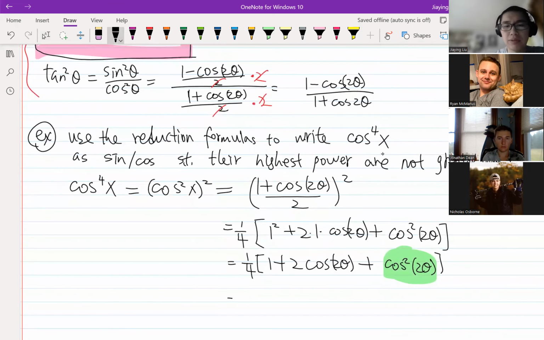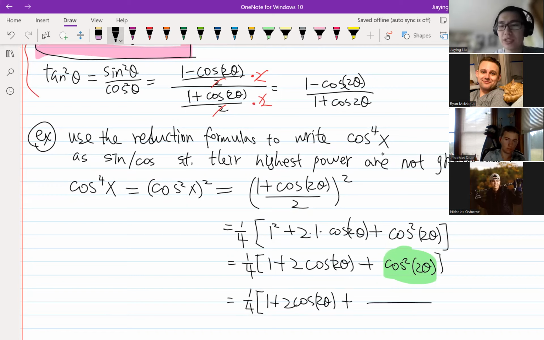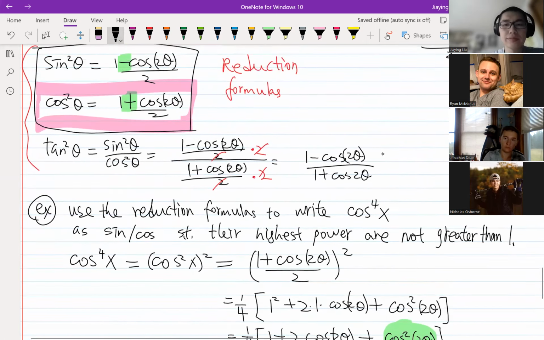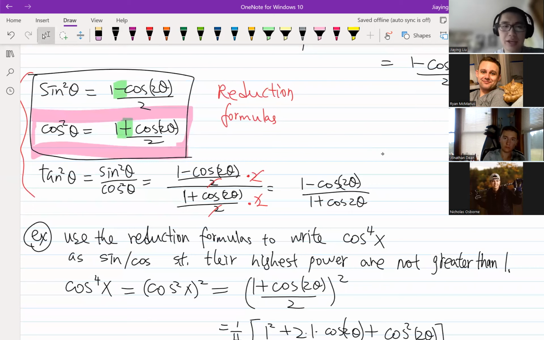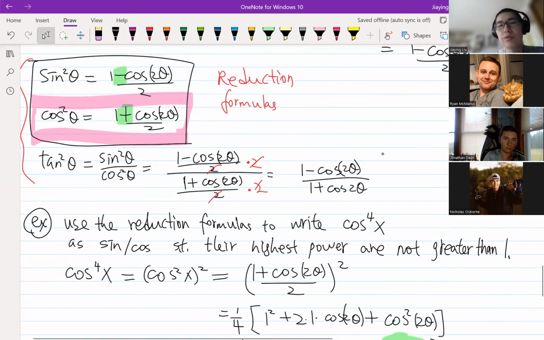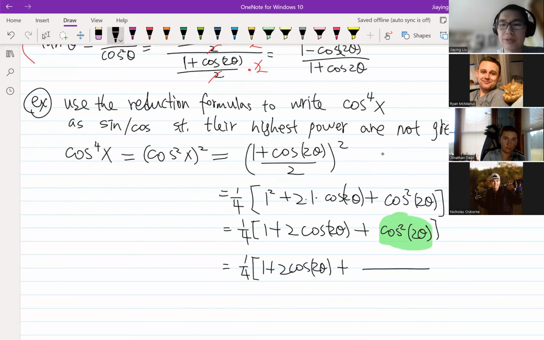Let me keep the other term: 1/4 times 1 plus 2 cosine 2 theta plus, for this last term, cosine squared 2 theta. Remember, cosine squared theta is 1 plus cosine 2 theta over 2, so we double the angle. This becomes 1 plus cosine 2 times 2 theta over 2.